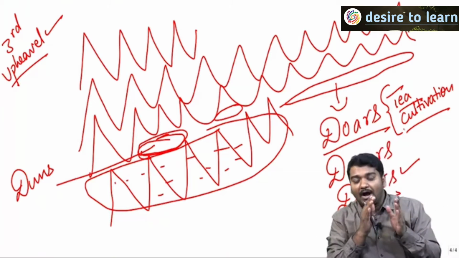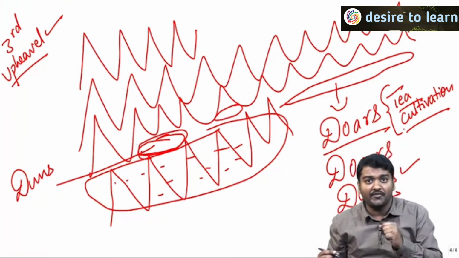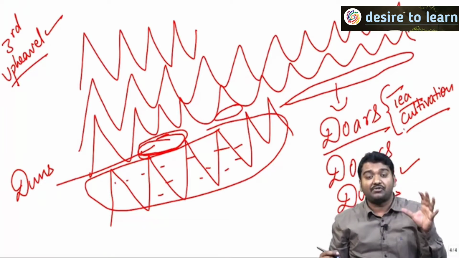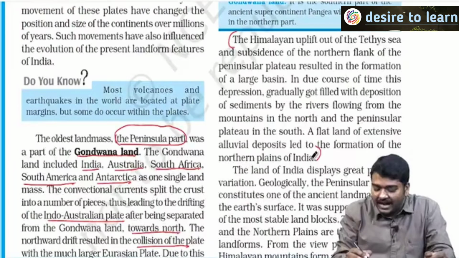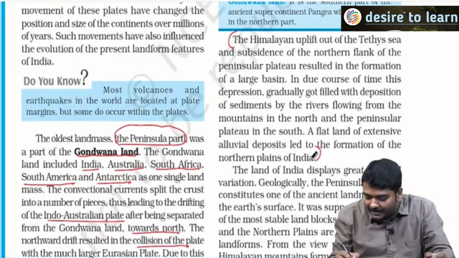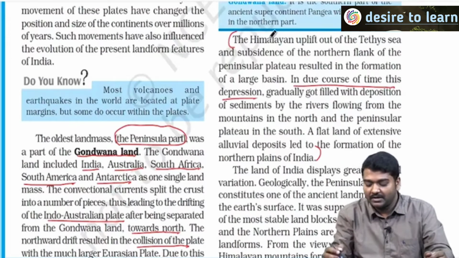Right? So after this basic understanding of India's physical geography, let's quickly see what are the structures present in India. If we look at this particular paragraph, they say that in due course of time, a depression was formed.